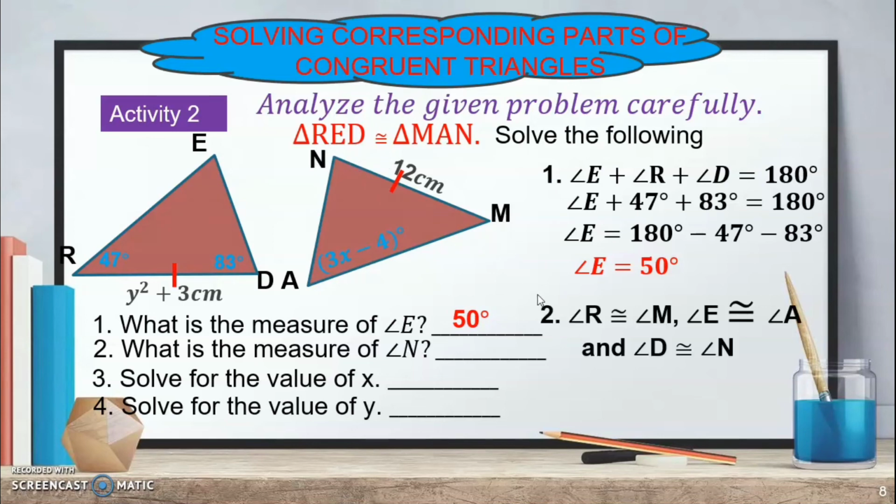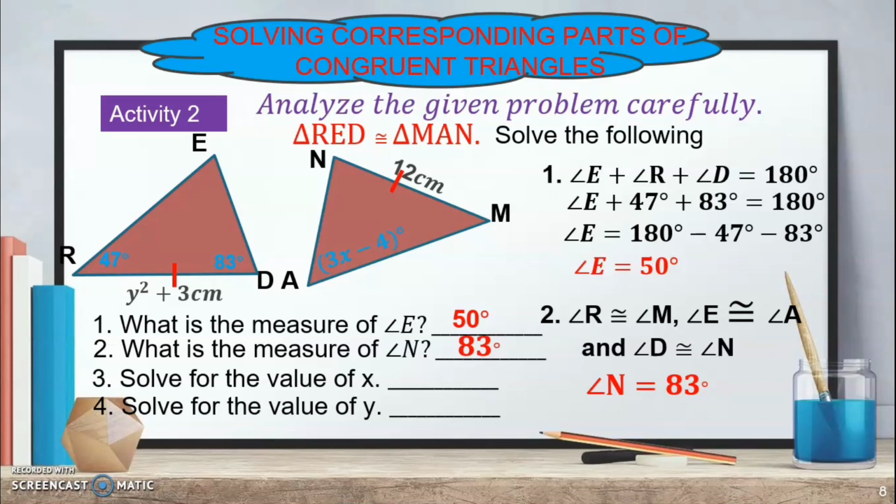So, we have angle R is congruent to angle M, and angle E congruent to angle A, and angle D is congruent to angle N. So, since yung angle D is congruent sa angle N, ibig sabihin, angle N is also 83 degrees. So, angle N is 83 degrees.